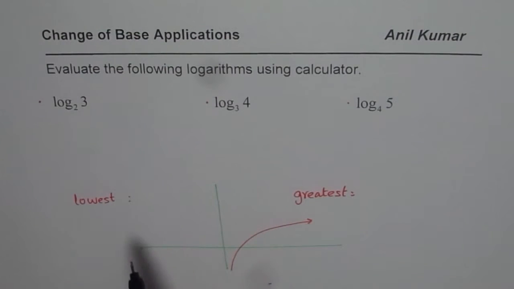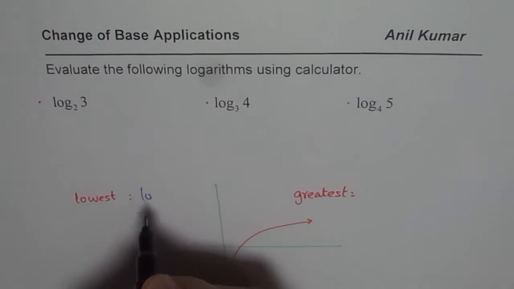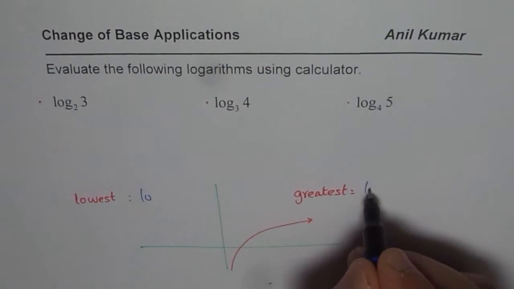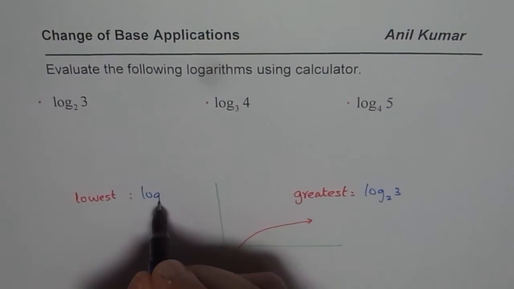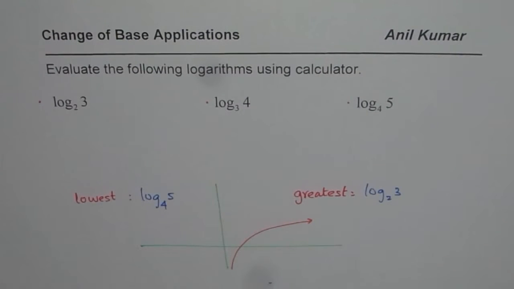So the greatest value should be log to the base 2 of 3, and the lowest should be log to the base 4 of 5, right? Now let us check whether it is true or not.